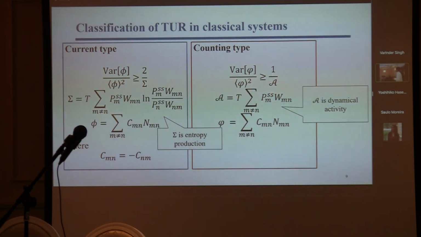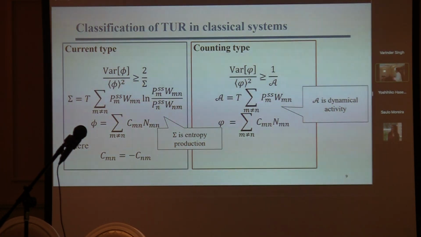TUR can be broadly classified into two groups. The first one is the current type. This is the original TUR, and the observable defined in the previous slide is bounded from below by this quantity. Here, sigma is the entropy production within some time window, and phi is the observable. In this current-type TUR, the weight matrix has to be antisymmetric, meaning that this relation should be satisfied.